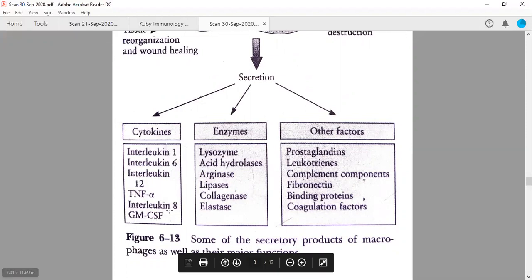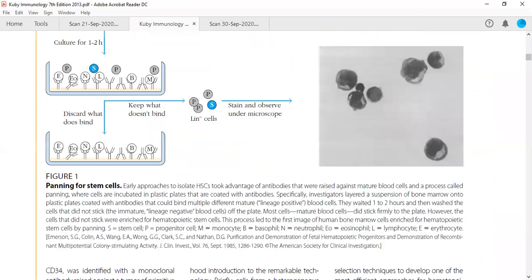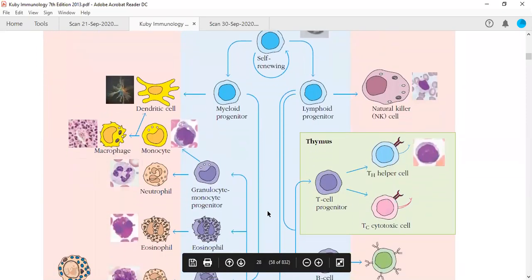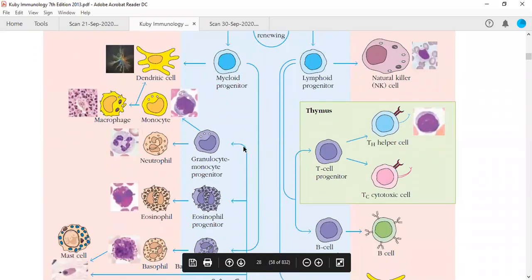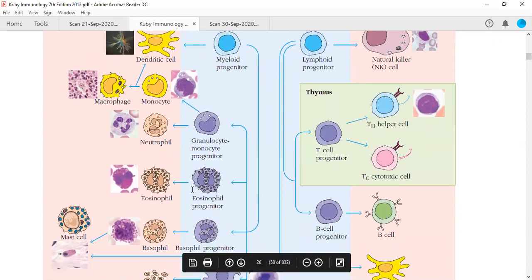This we have already covered in our, so if you remember this particular diagram, oh, where it was, 28, I think. Okay. So the granulocyte monocyte colony stimulating factor is responsible for the differentiation of this myeloid progenitor into the granulocyte monocyte progenitor, so that it can be differentiated either into the monocyte or into neutrophil, eosinophil, basophil, right?